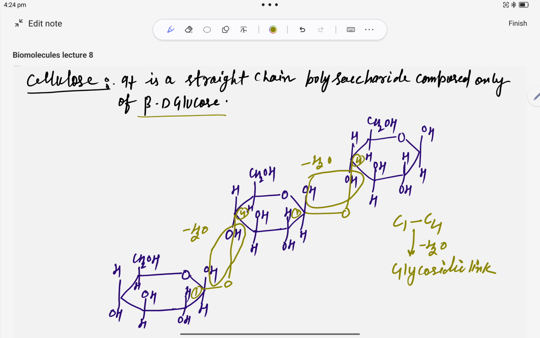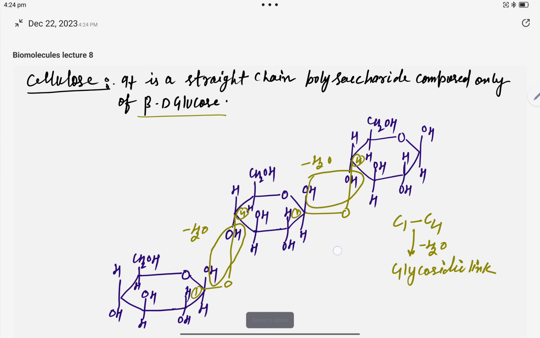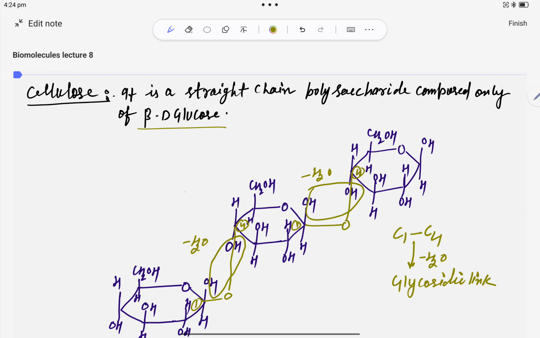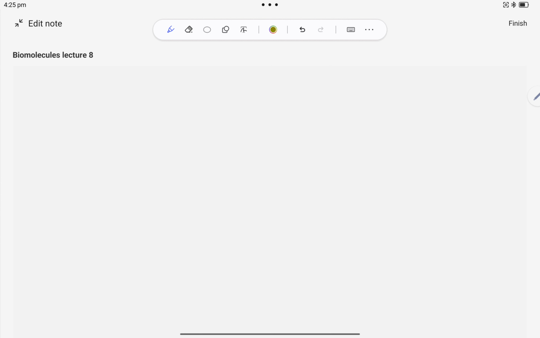Next part is glycogen. It's also called animal starch, which I have already explained.